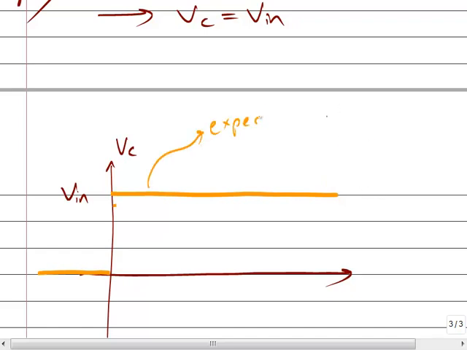Expected. But in real life, what I see is this. Okay, before 0, no problem. I see what I have expected, no problem. But after the voltage change, I see something like that.